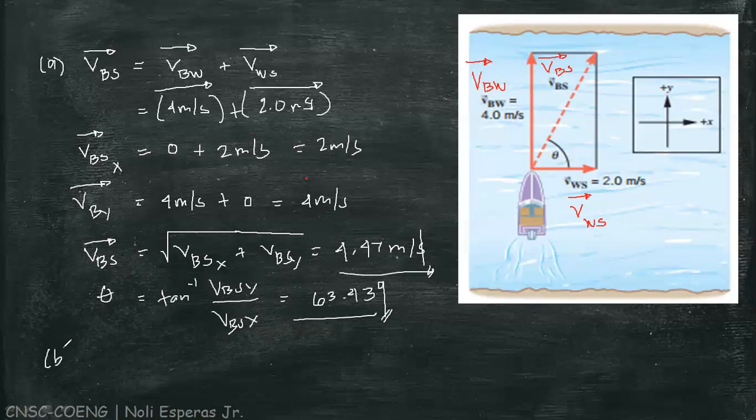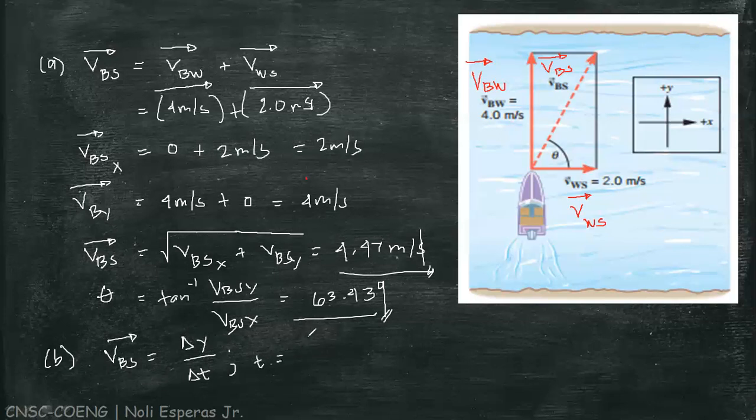Okay, for part B. How long does it take for the boat to cross the water? To solve that, we are going to use the formula of velocity is equal to displacement over elapsed time. So we're looking for t.